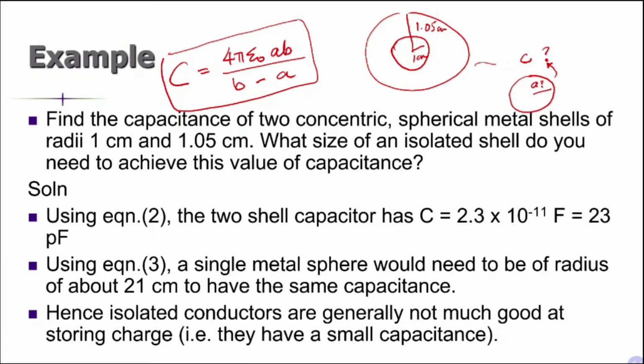So the second one is basically equating 4 pi epsilon naught A equals 23 picofarads, and A should give you 21 centimeters.